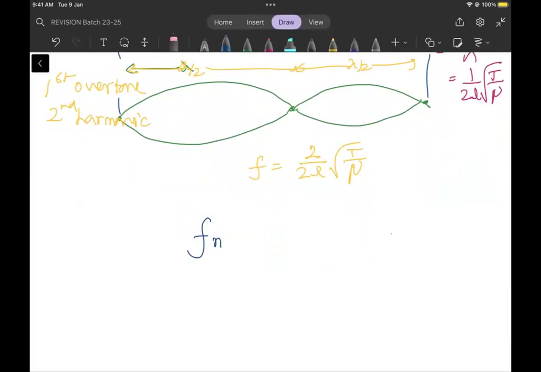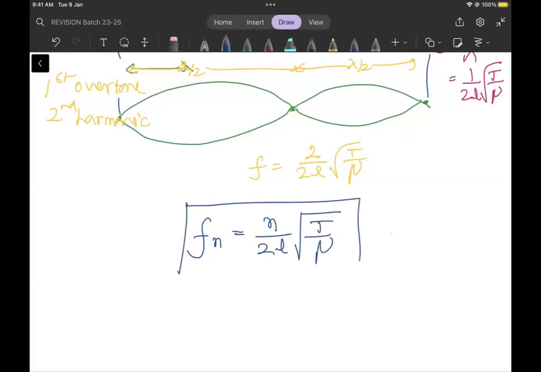So the nth resonance frequency or nth natural frequency is given by n by 2L root T by mu. So if you were to take a string, fix it at both ends, and if you were to drive an oscillation, and the oscillation would be one of these fundamental frequencies, then there would be resonance, and the amplitude of oscillation will become extremely large.